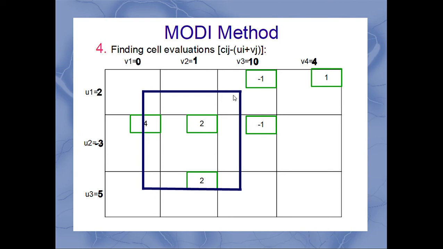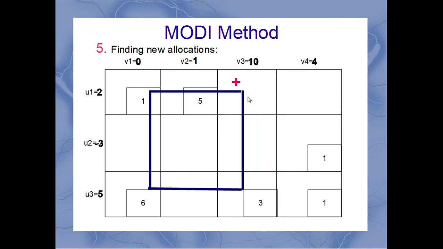So this is our loop. This is our starting place, so here we are going to put plus sign. And next corner I will put negative sign, and other corner positive sign, and other corner negative sign. Alternatively I am putting signs. So I am putting plus sign here, positive sign for the starting place, and negative sign, positive sign, alternatively. And I have taken the allocations in our original table.